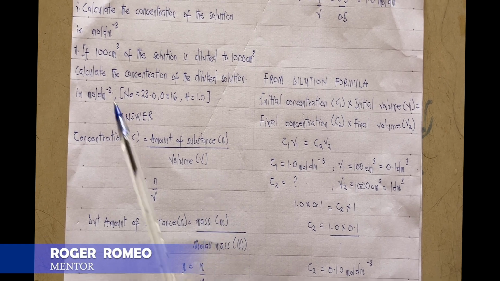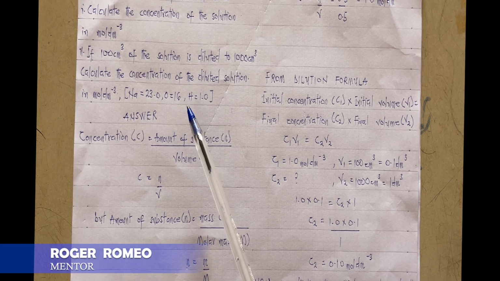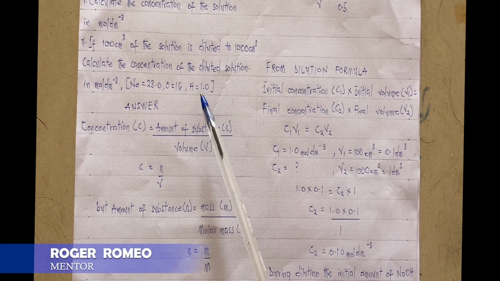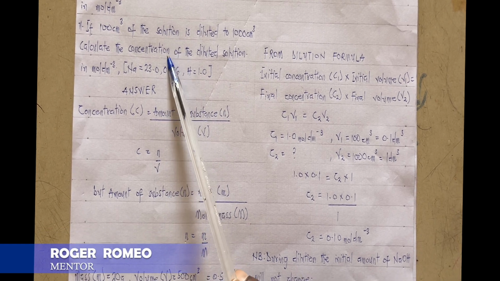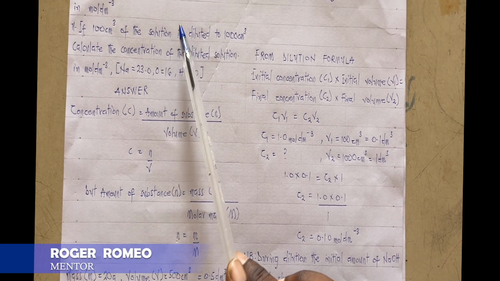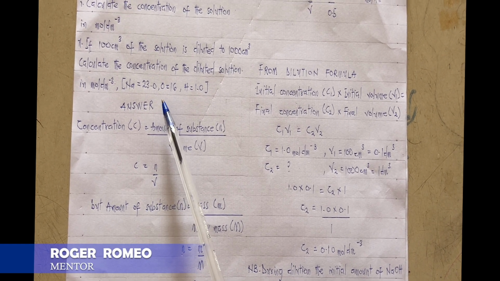All right, from the second question, we are also going to look at how we can calculate concentration. But this question is about dilution. And for us to calculate this question, we need to know some formulas about dilution.